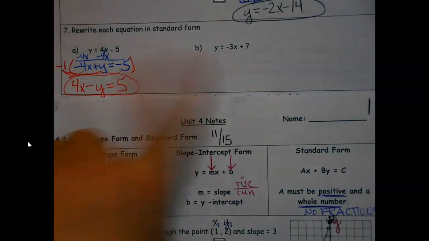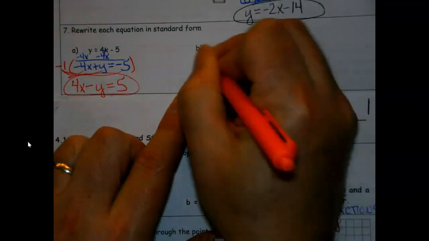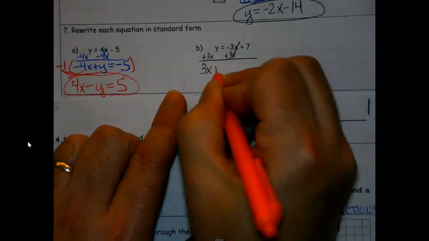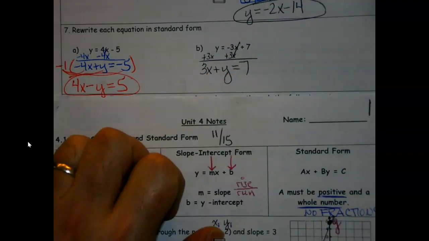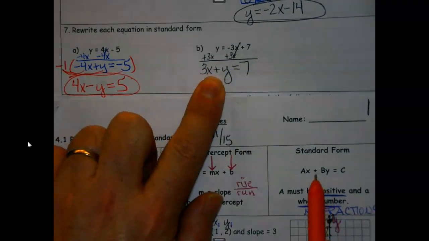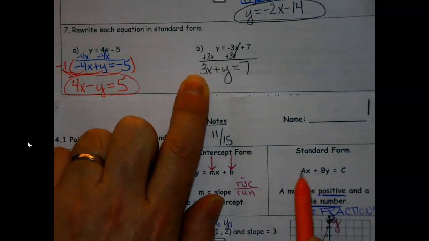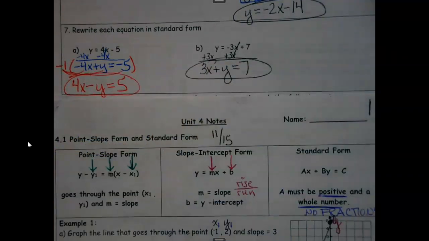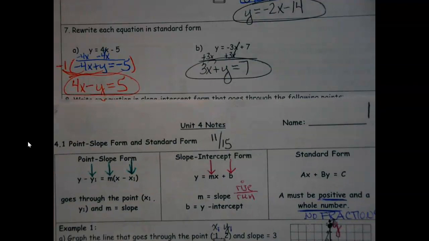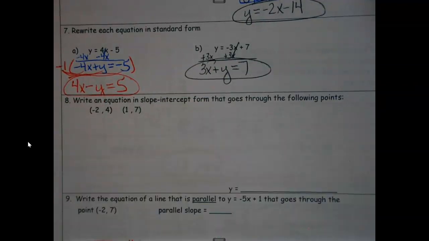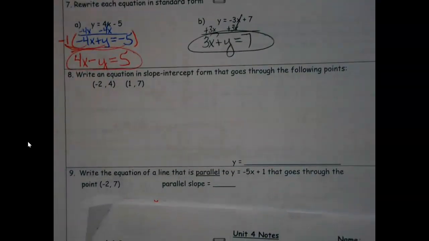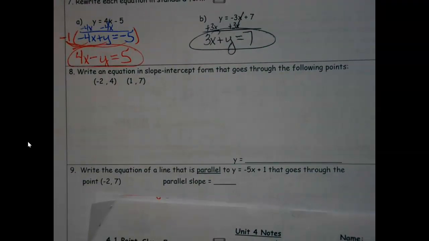So if I do the same thing on b, x and y are together, check. The value in front of x, a, is positive, check. And it's a whole number, no fractions. Hey, I didn't even have to do the other step on that one. That's cool. And so we're starting to see as we do these, again, every single thing so far has been in my notes.